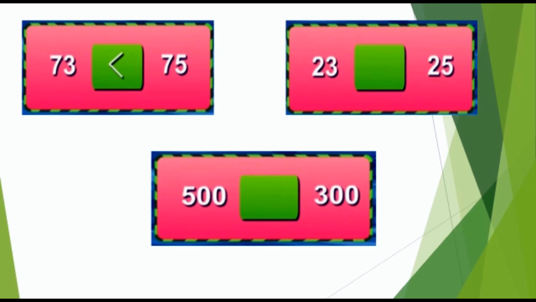So we put the symbol of lesser towards 23, showing 23 is lesser than 25. 500, 300. Now 500 is bigger than 300. So we put the symbol of greater facing toward 500, showing that 500 is greater than 300.